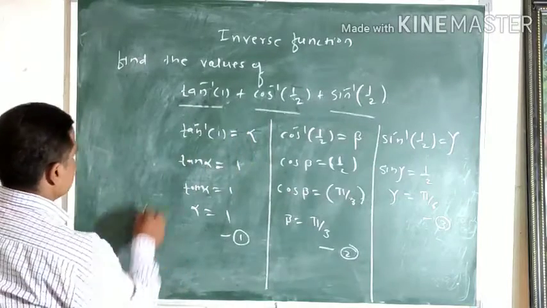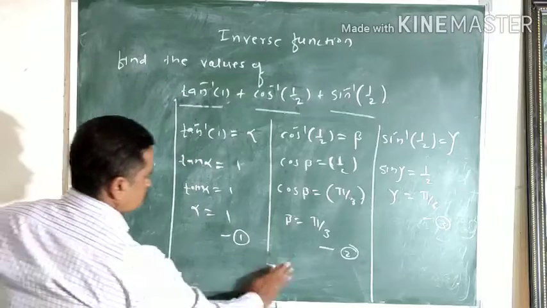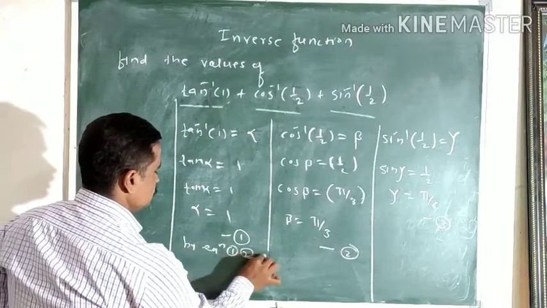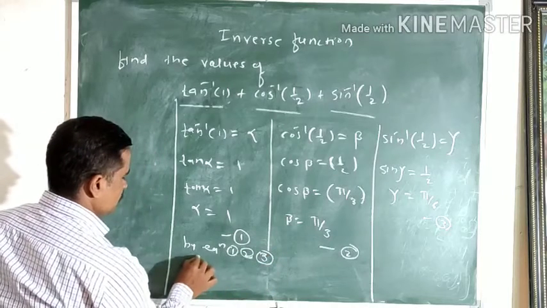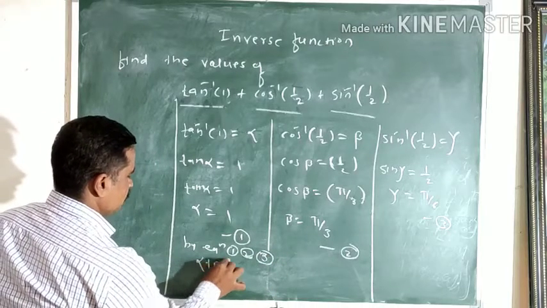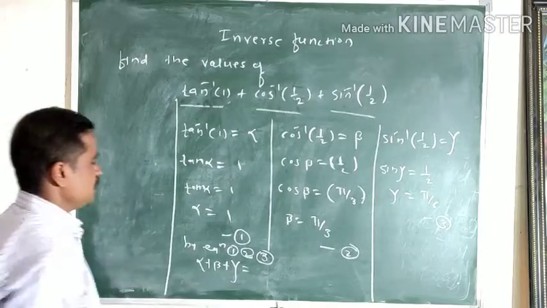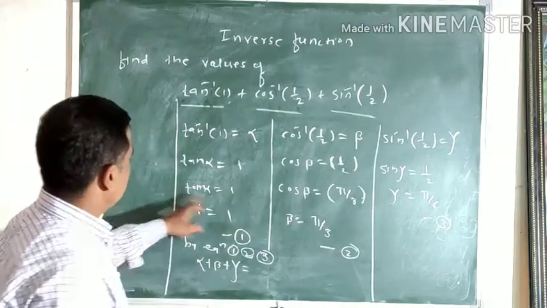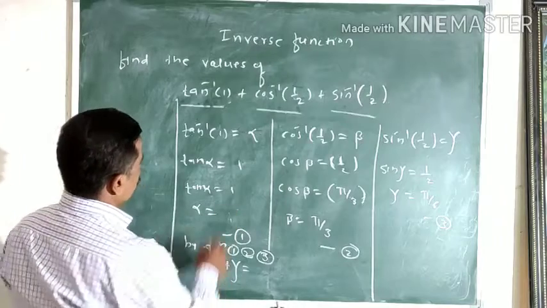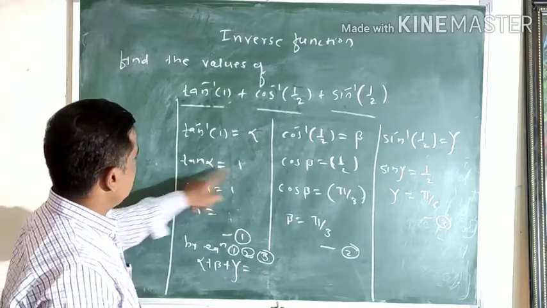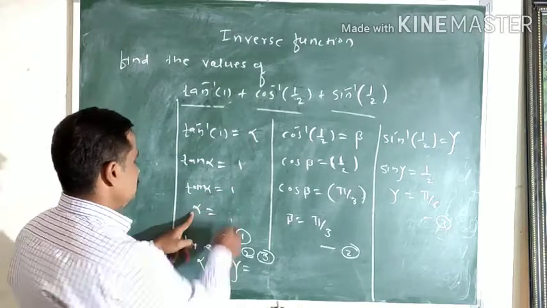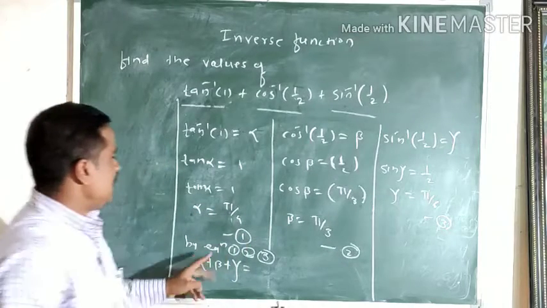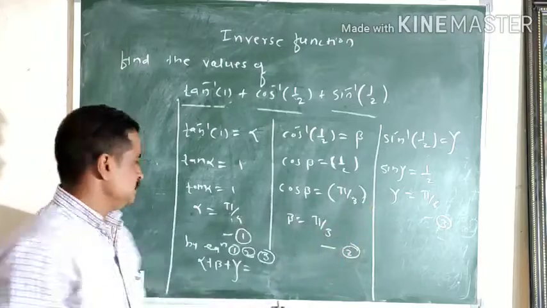By equations 1, 2 and 3: tan alpha equals 1, that means alpha equals pi by 4.